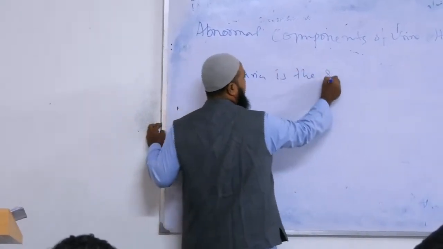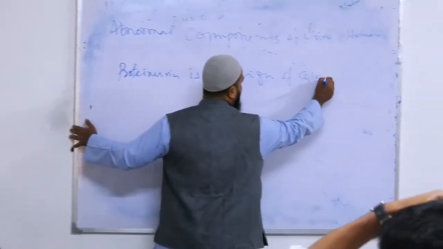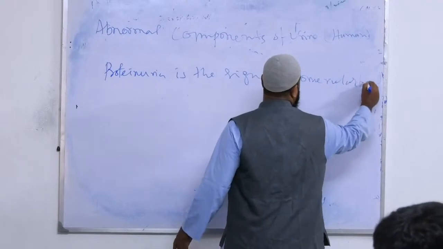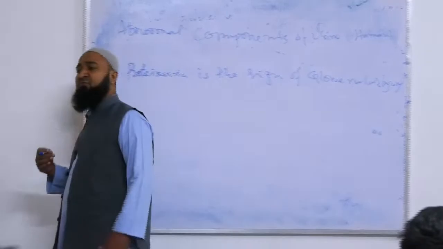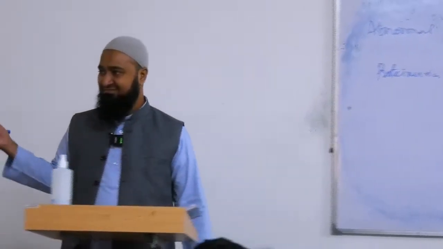Is the sign of, normally there sometimes there is a proteinuria but not glomerular injury. Less than 150 there is normally present, less than but not detected level.